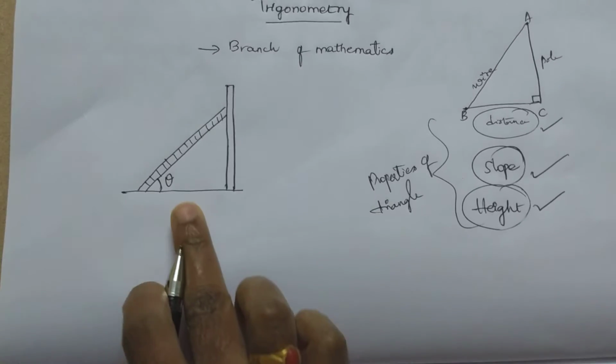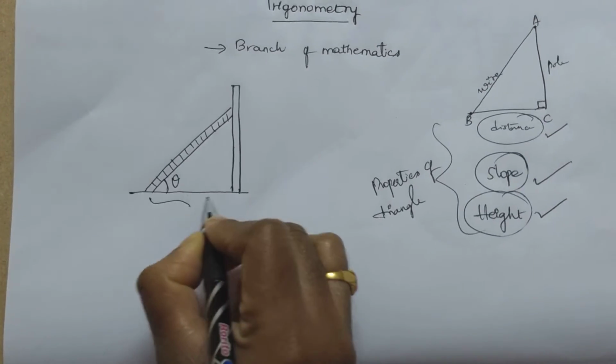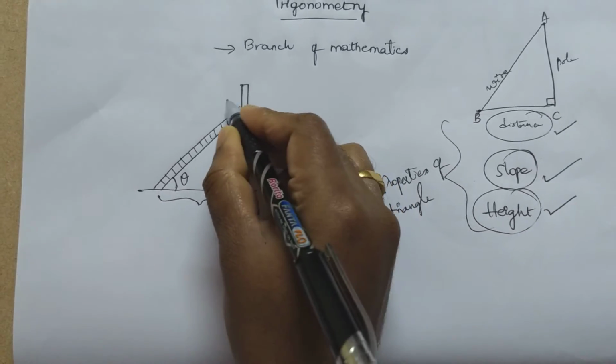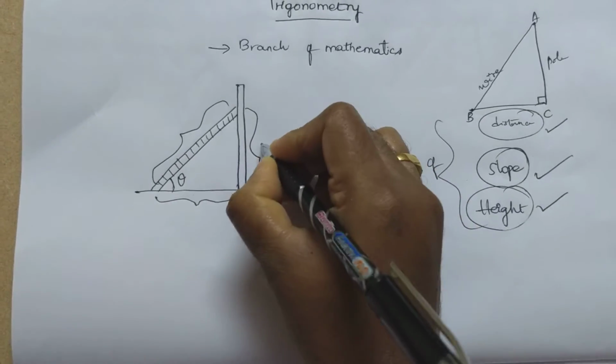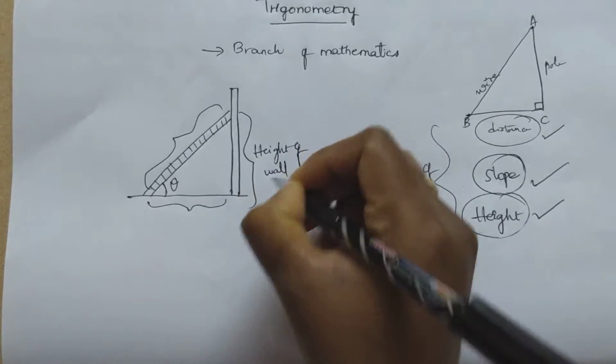This is the distance between the wall and the ladder, this is the length of the ladder, and this is the height of the wall.